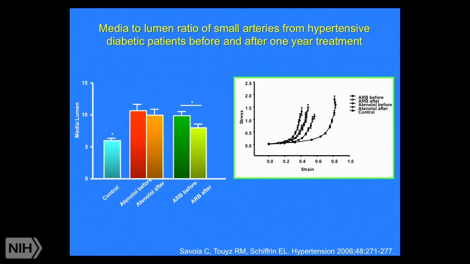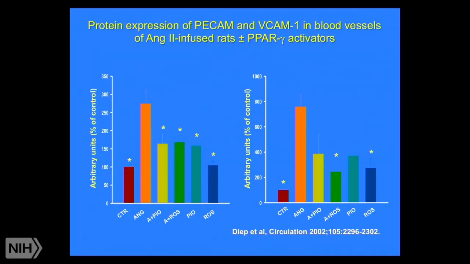And maybe these results explain to some degree what trials have demonstrated in the sense that these agents are able to improve outcomes. Now let me move on, because we're talking about diabetes, to PPAR gamma.